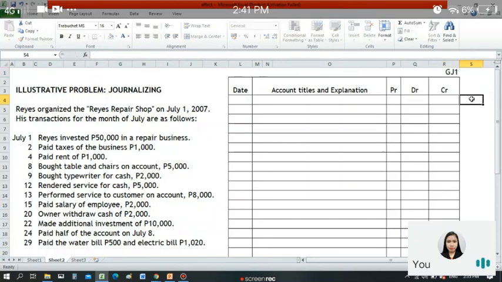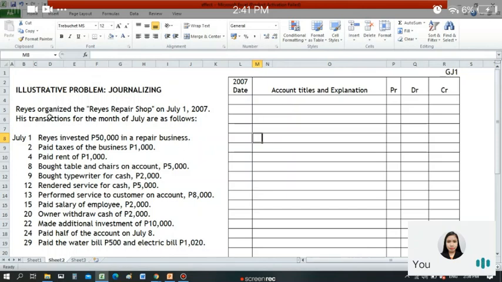So you will write it at the upper right side of your general journal. So on the date, dun po ilalagay yung year given. So the year given is 2007. Sa taas ng date, dun yung sulat yung 2007.